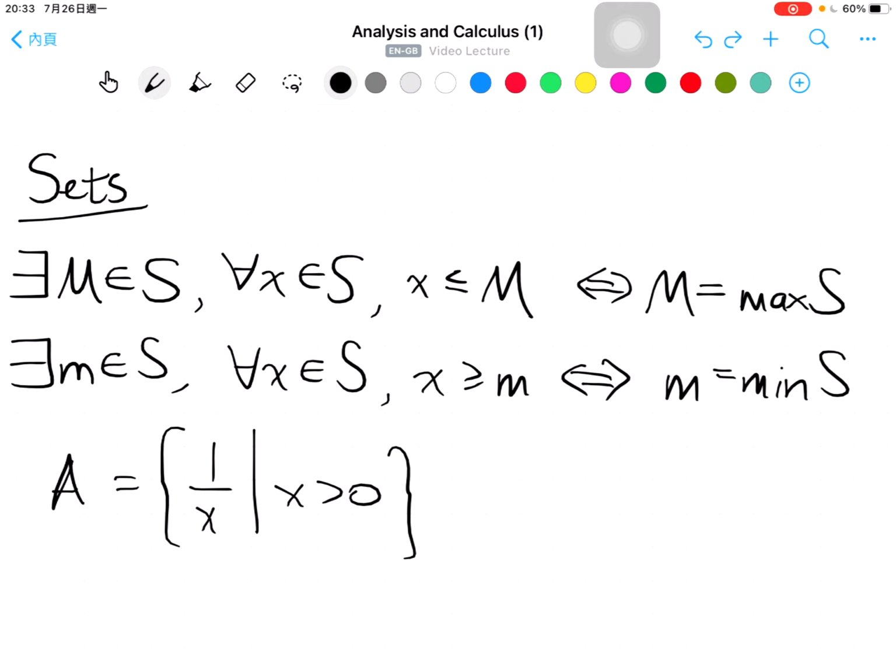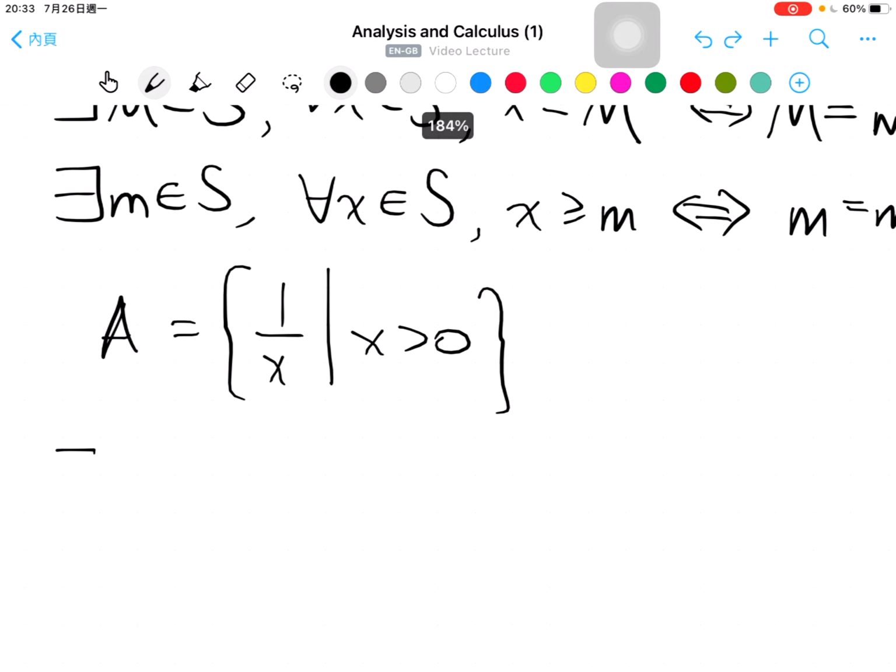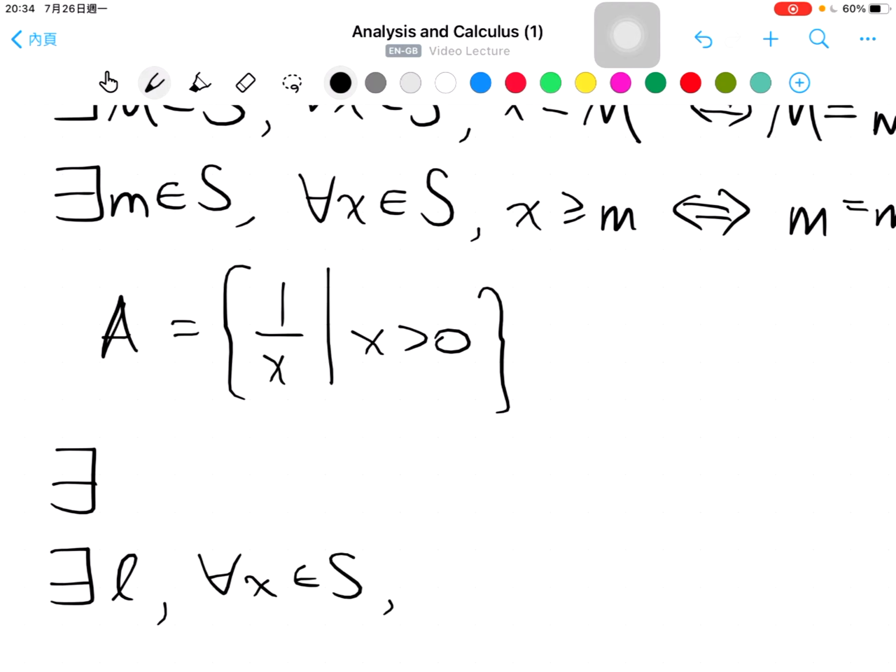Then we're going to say this number is called a lower bound of S. As long as you have a number L such that no matter what you choose in S, the number that you choose is always going to be larger than or equal to L. Now I'm not restricting this L to be inside the set.